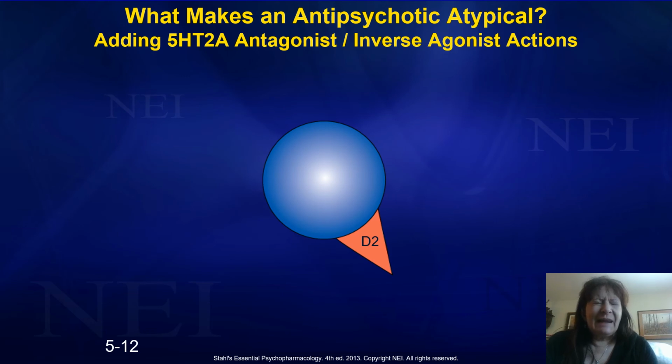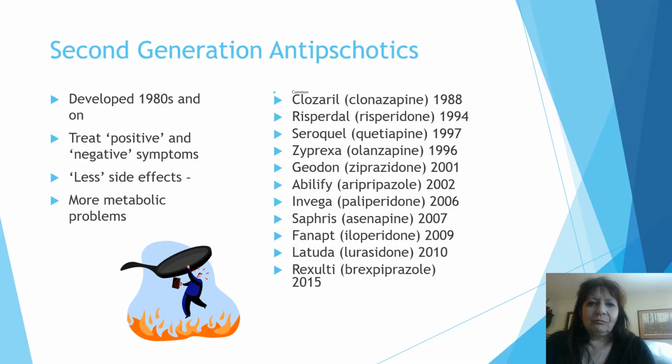So what makes an antipsychotic atypical? What you need to do is combine a D2 antagonist with a serotonin 5-HT2A antagonist. So the second generation antipsychotics were developed in the 1980s. Clozaril was the first one.